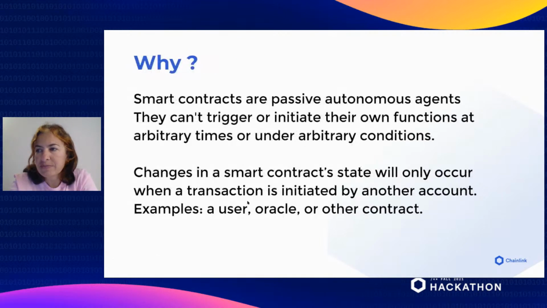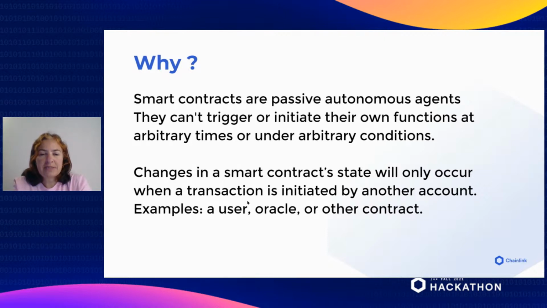Okay? So, why do we need keepers? Think that smart contracts cannot interact with the world outside of the smart contracts. They are passive. They cannot trigger, they cannot initiate anything by themselves. They need some external agent to interact with them.